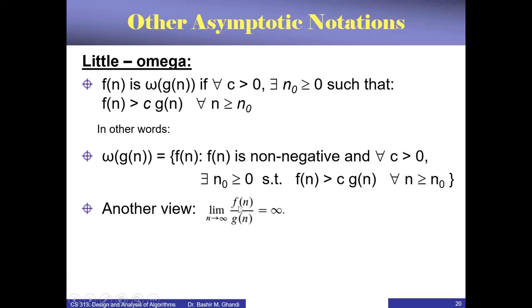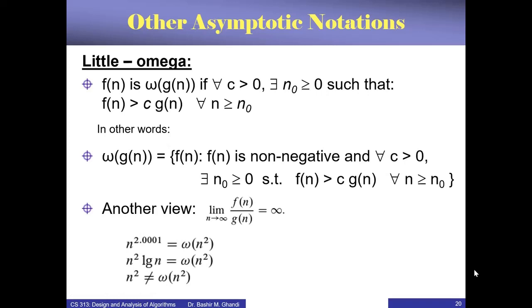Remember, if you divide a value by a smaller value, by a fraction, you keep getting bigger values. So as n increases, this fraction goes to infinity. If that is the case, then f(n) is said to be little omega of g(n). So f(n) is strictly greater than g(n). This is basically the point to note.